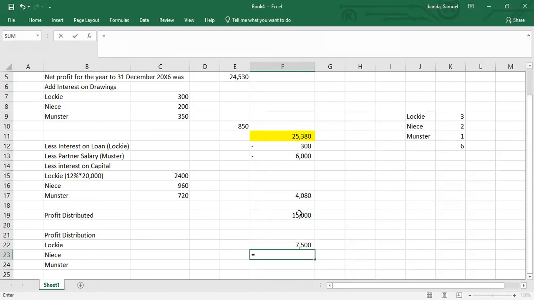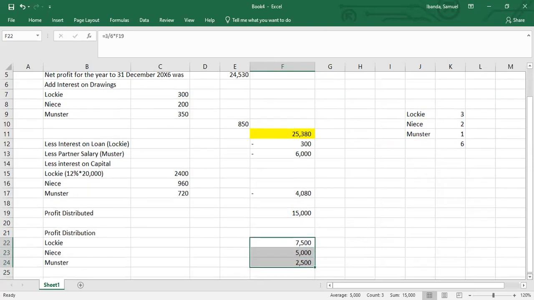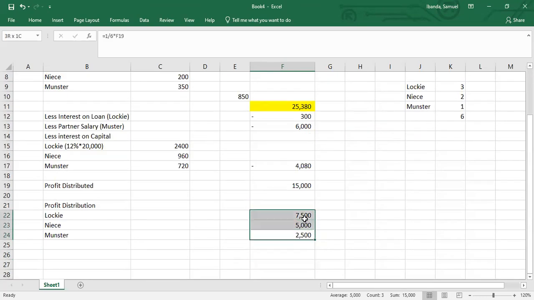Then underneath it will be 2 divided by 6 times 15,000. Then for Monster, it will be 1 divided by 6 times 15K. As you can see, we've distributed all the profits because the total is 15K. That's how the appropriation account would look.